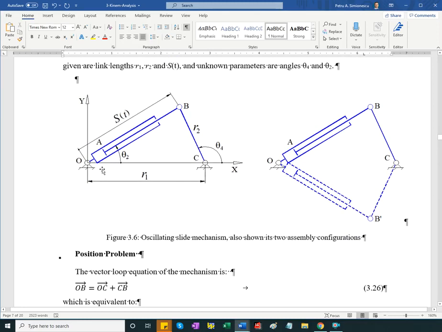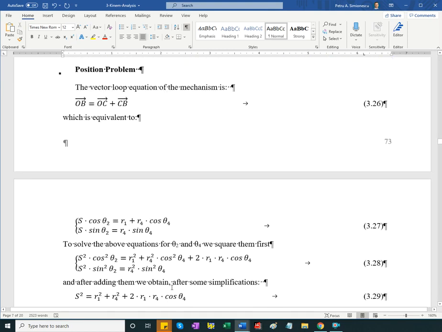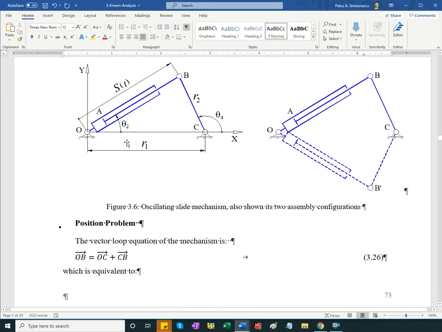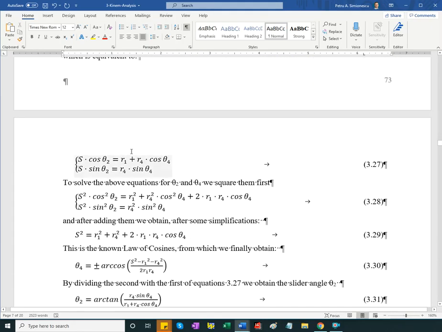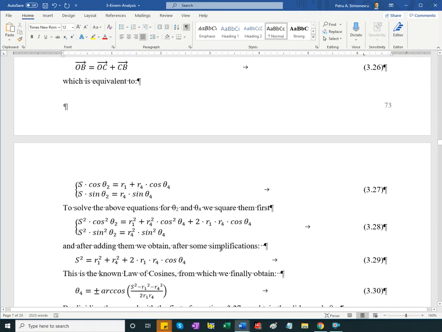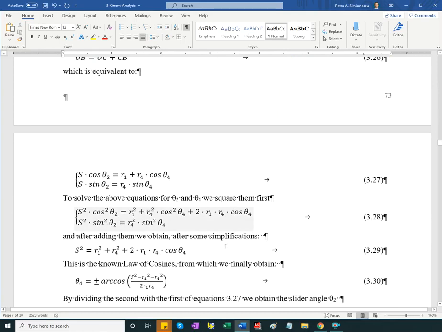So the vector loop is OB equals OC plus CB, and then we have the projections. OC projects only on the x-axis, and to solve for the unknown angles theta 2 and theta 4, that's what we're mainly interested in, but we'll have to solve for theta 2 to move forward with the velocities, you'll see.